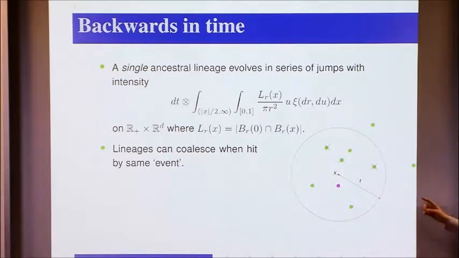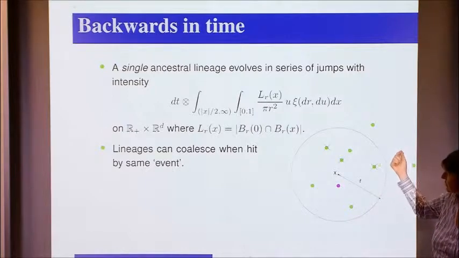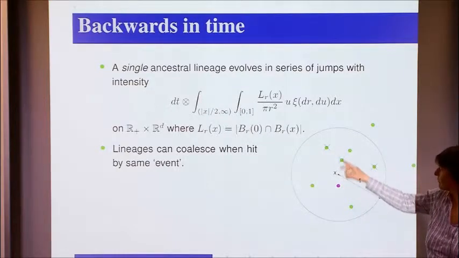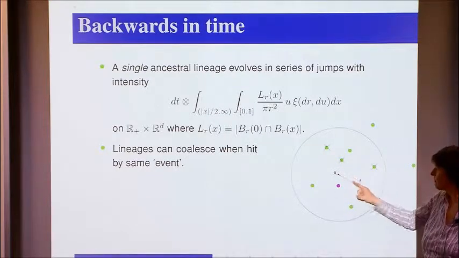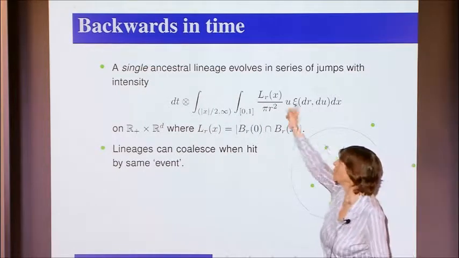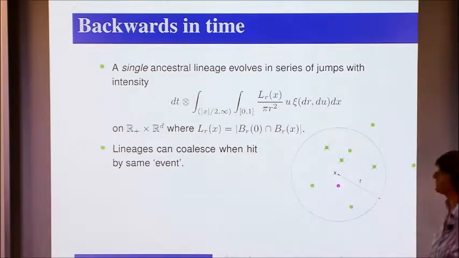That means it's actually a single lineage, just moving around according to a continuous time and space random walk. Whenever it's hit by a reproduction event, it jumps to the location of the parent. I can write down exactly the distribution of that, and that's all this says. But different lineages are not going to evolve independently of one another.